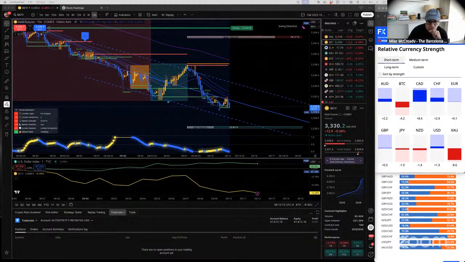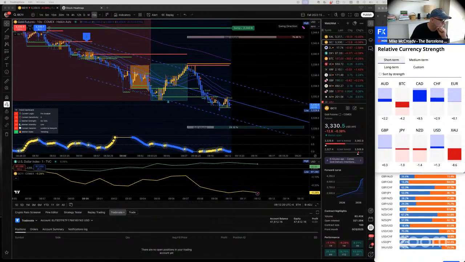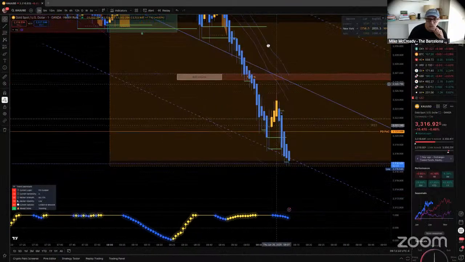I see one. What do I got pivot wise coming up? I'm here on the DS1. Okay, we're on the DS1. You can see it right here.